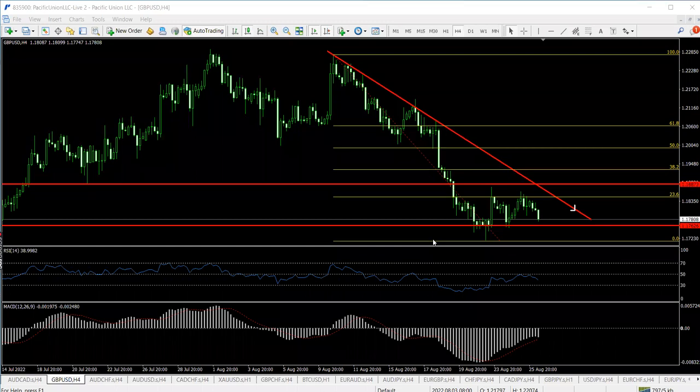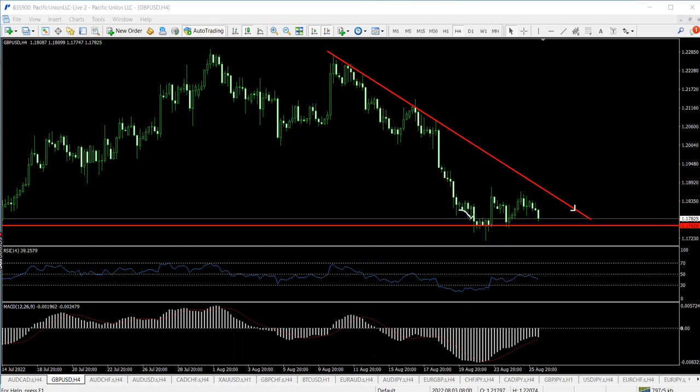This is forming, let me say, more of a triple bottom. It's not a head and shoulder because they are all almost on the same level. If it's a head and shoulder or inverse head and shoulder, you have the head higher than the shoulders. But this is looking like a triple bottom.